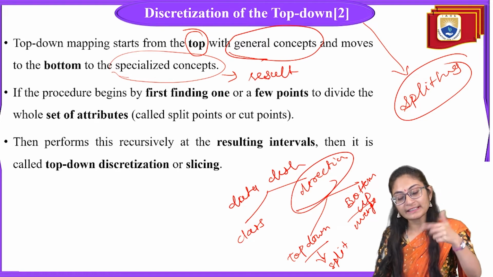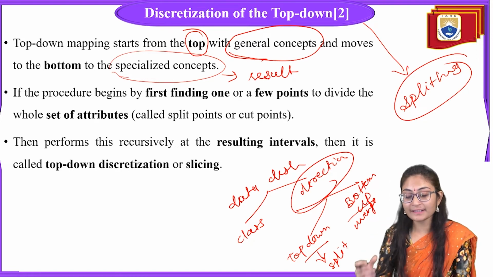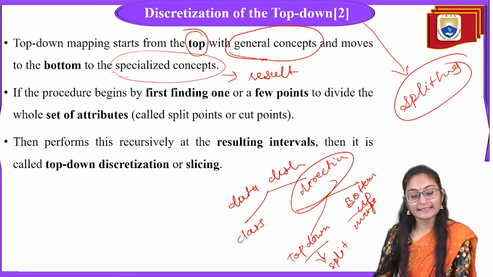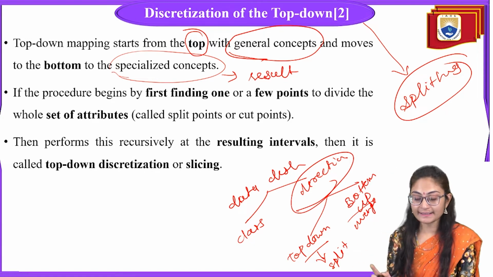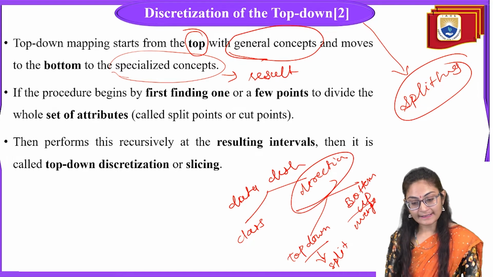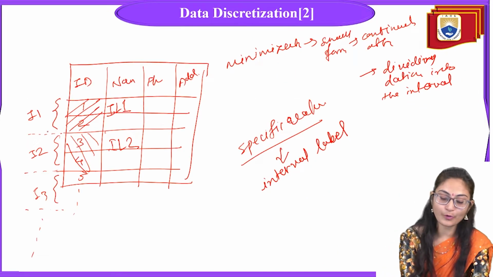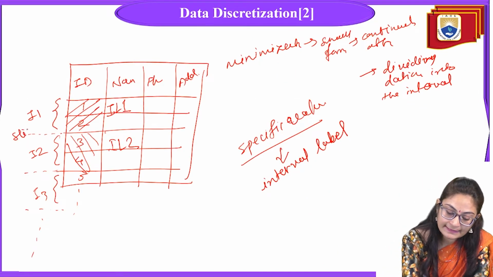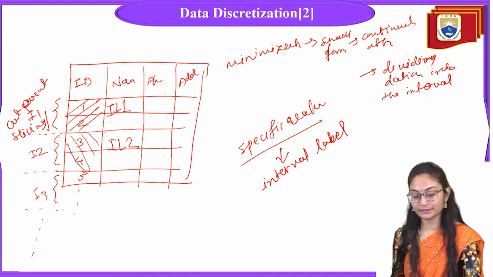It will repeat till the end, till the resulting intervals. This is called slicing, or you can say it is our cut point.